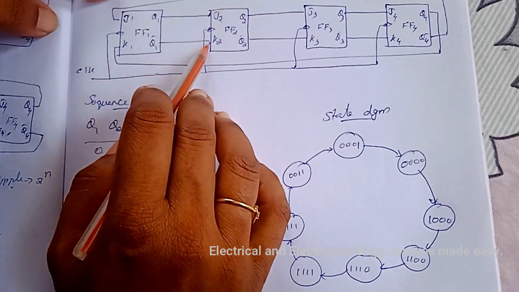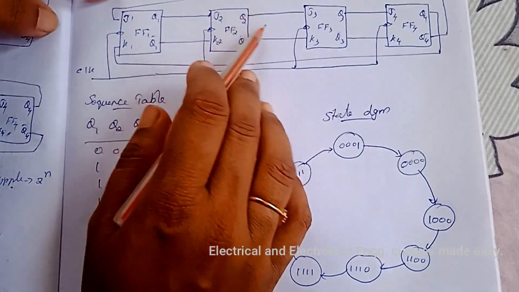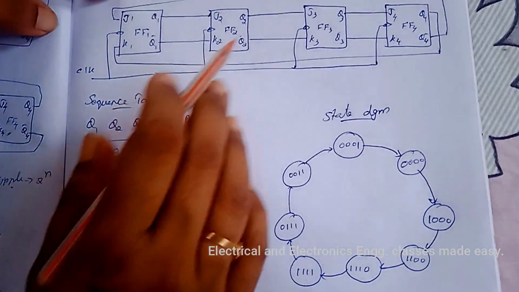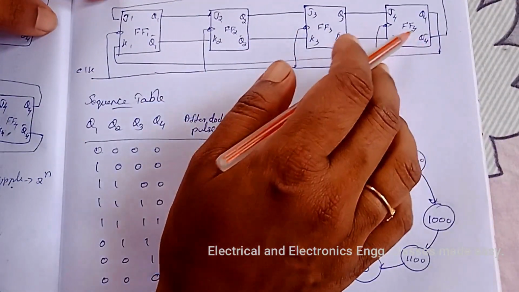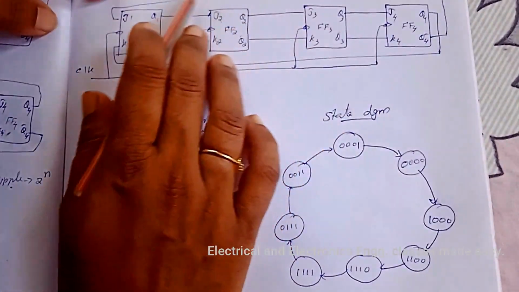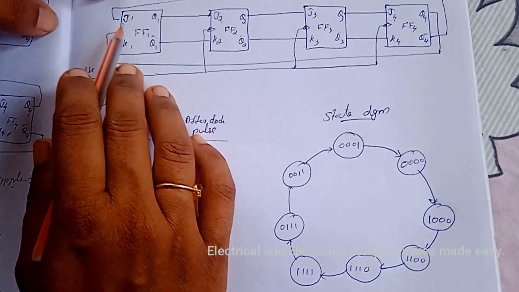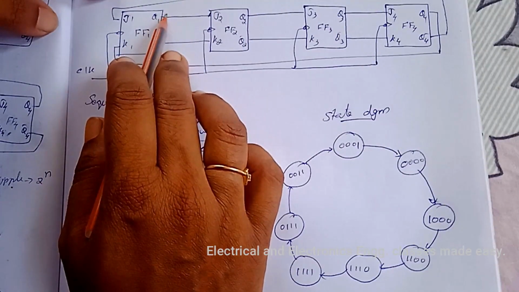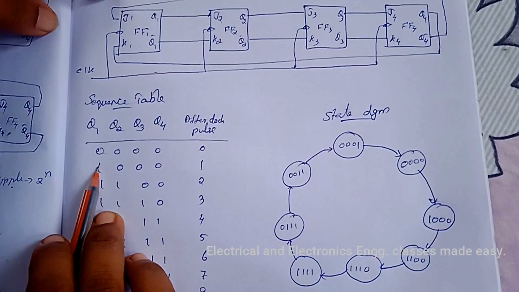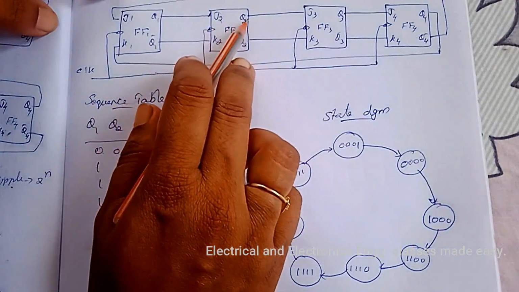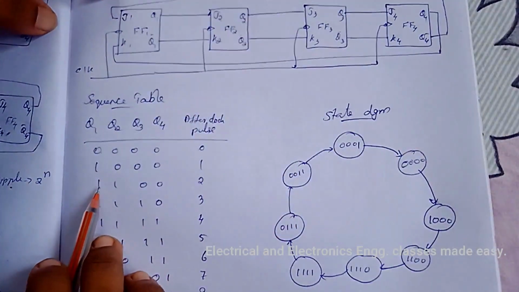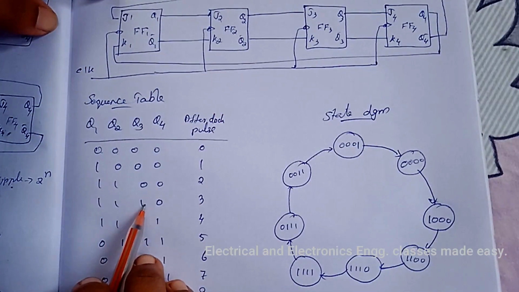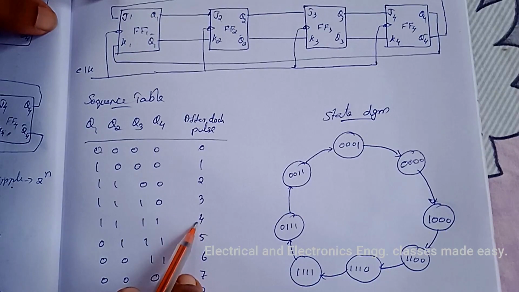So here 0, 1. That means Q2 is 0. Then after the second clock pulse, this one is shifted to J. In the previous case Q1 was 1 and that 1 is shifted to Q2. And again this Q1 becomes 1 and this repeats.